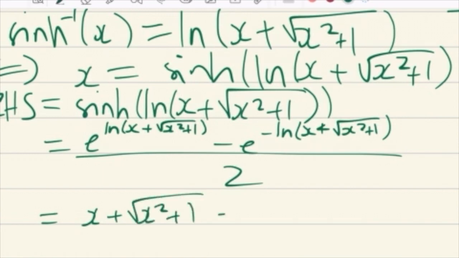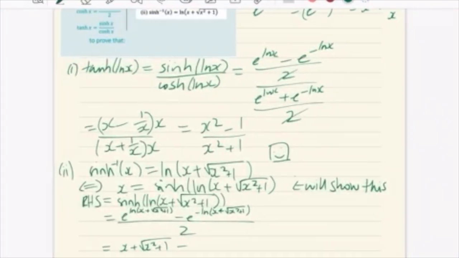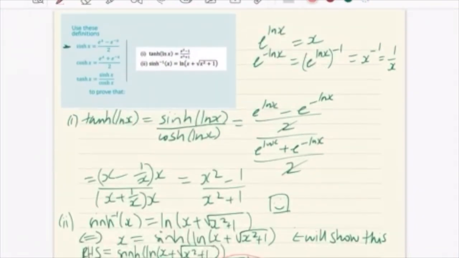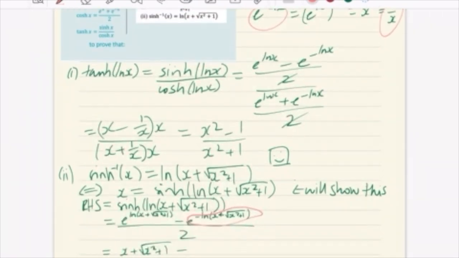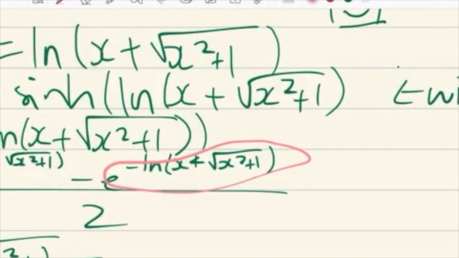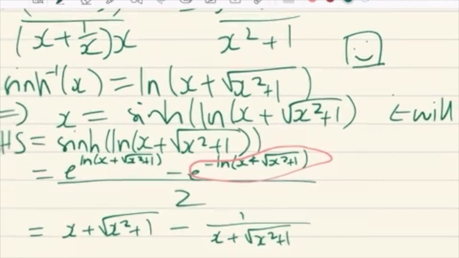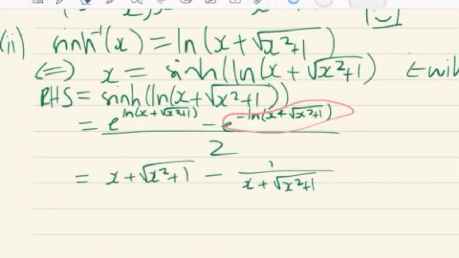And then for the second part, I'm going to use this identity again, so it'll just become 1 over x plus square root x squared plus 1. Cool, and that's all over 2.